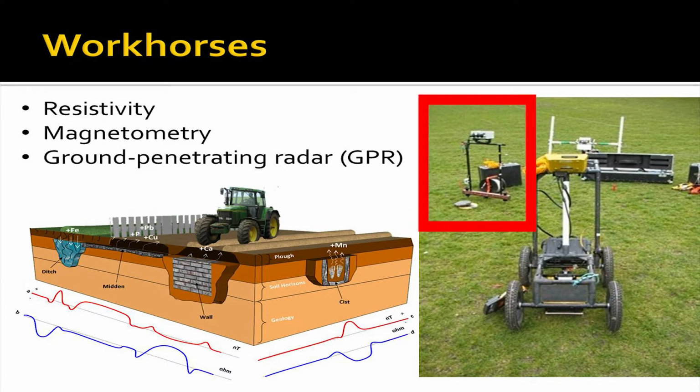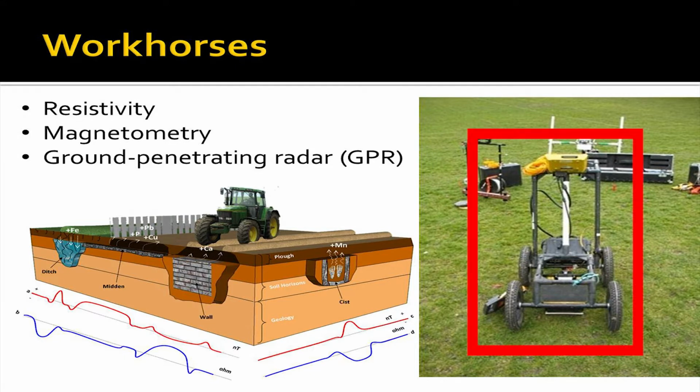More common, arguably, is the magnetometer, one sort of magnetometer top right, and again, it gives a particular magnetic signature over certain features. And then in the front, ground-penetrating radar.